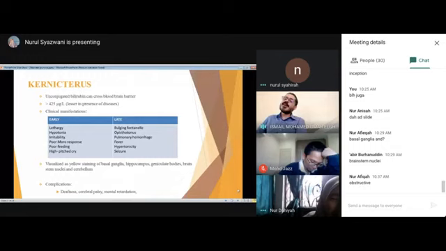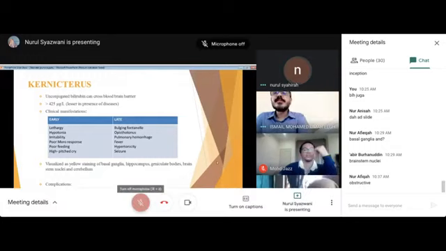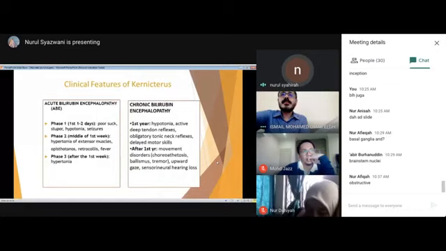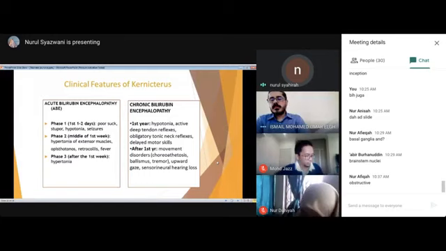Okay, so this is the clinical features. We can have acute bilirubin encephalopathy and also chronic bilirubin encephalopathy. For acute bilirubin encephalopathy, phase 1 is the first 1 to 2 days, in which the baby may have poor sucking, stupor, hypotonia, and seizure.